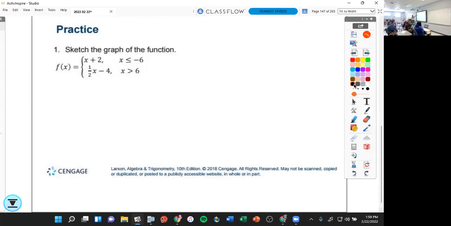The domain, can you tell me what the domain of this is? Domain as written. What is the domain? What can X be? Negative infinity to -6 bracket union.